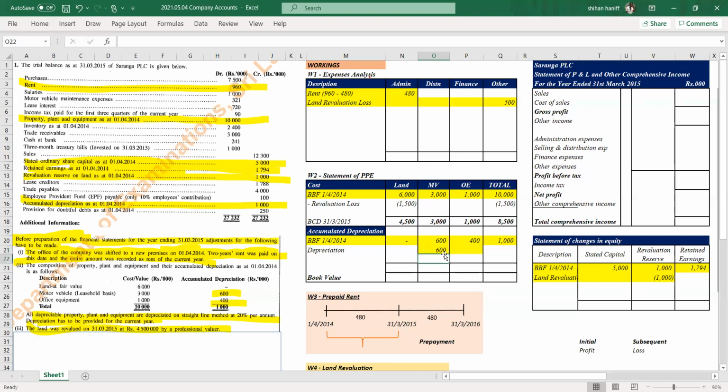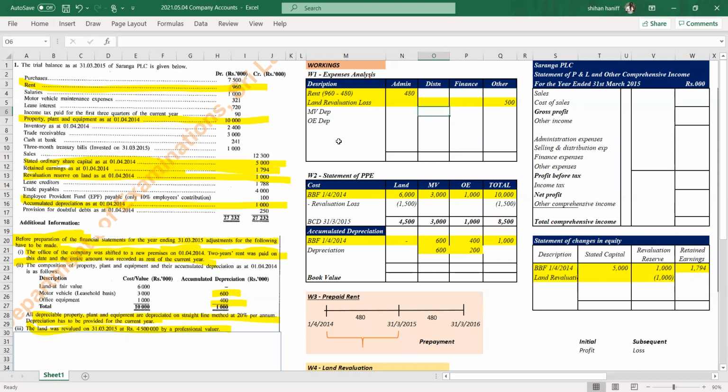Into 0.2, 600 and 200. So these two expenses will be recorded in the expenses analysis. Motor vehicle depreciation, office equipment depreciation.